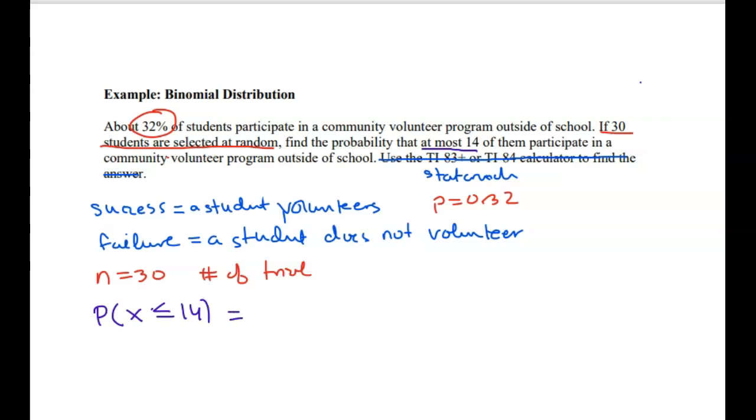This includes the probability x is 0 plus the probability x equals 1 plus all the way to the probability x equals 14. If we want to calculate this by hand, we need to find these 15 values and then add them up.